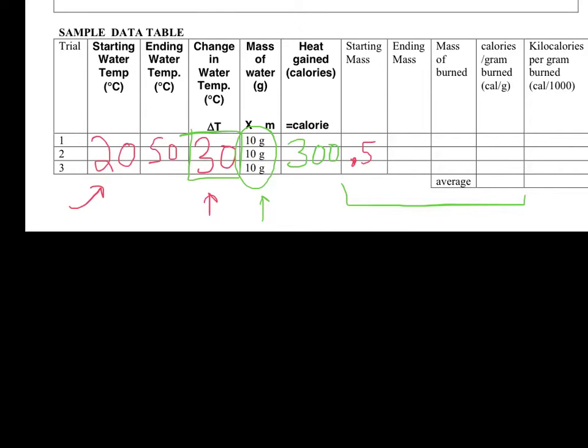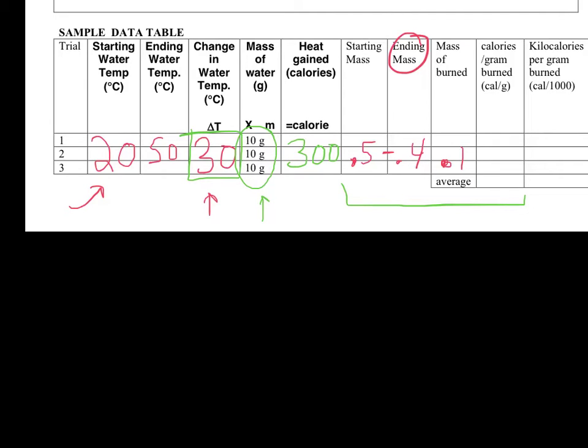And then you burnt it, it made the water temperature go up. You take the mass again after it's done burning, and let's just say it went to 0.4 grams. Well, how much of the marshmallow actually burnt? It would only be 0.1 gram. You would just subtract those two numbers, so 0.1 grams.